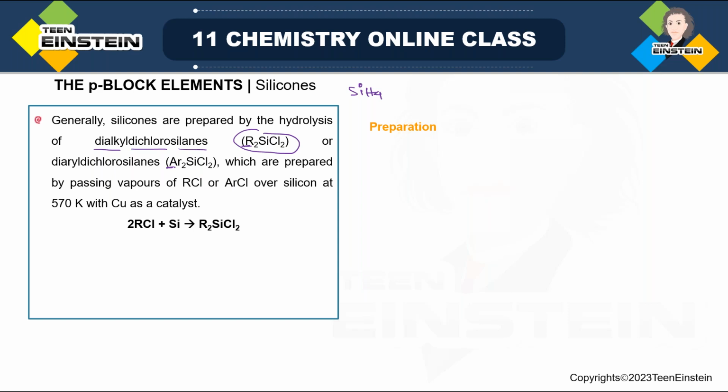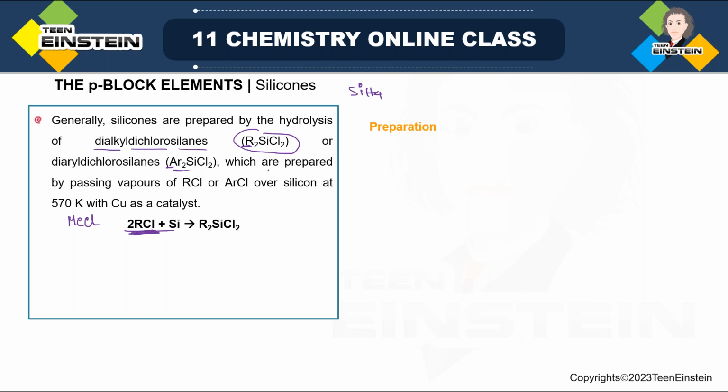Or if you have this R group as a benzene ring or benzene derivative, it will be diaryl dichlorosilane. Now, these two types of molecules, first you have to make. How will you make it? Look at this equation. You have to start from silicon and RCl. Suppose you are making Me2SiCl2, you have to start from methyl chloride, MeCl. Or if it is Ph2SiCl2, you have to start from chlorobenzene, PhCl.